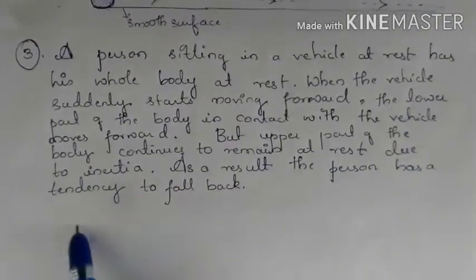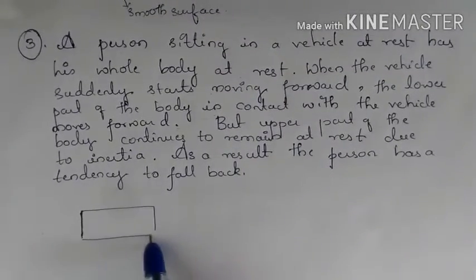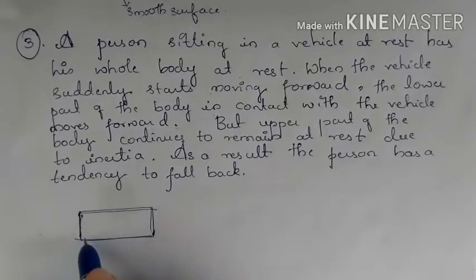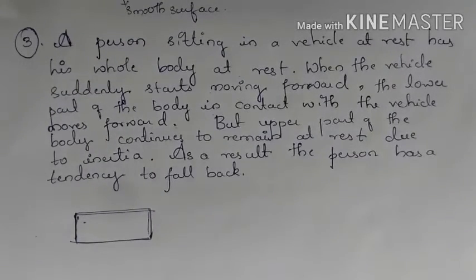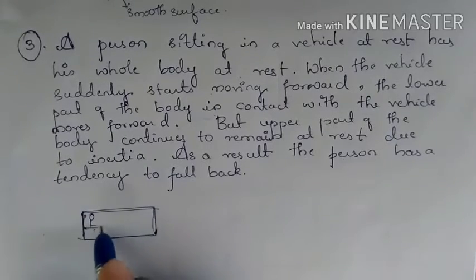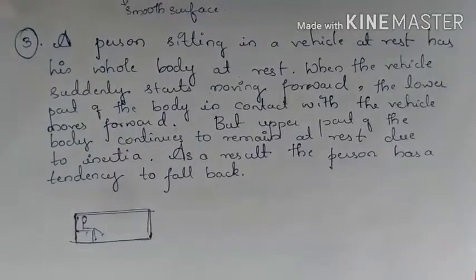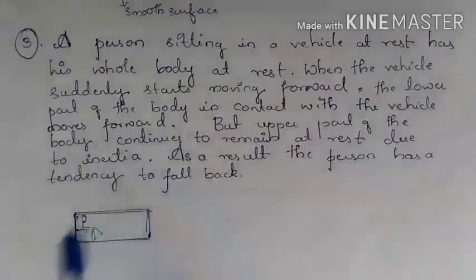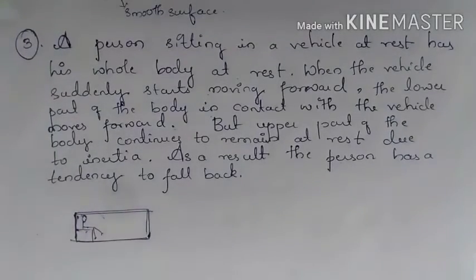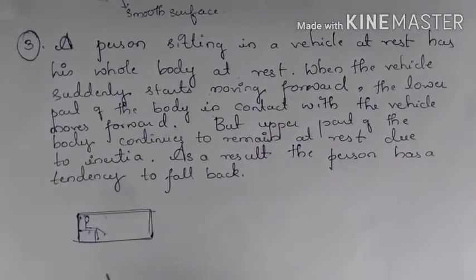So imagine this is a vehicle, and there is a person who is sitting inside this vehicle. Let me draw. The person is sitting in the vehicle and is at rest with respect to the vehicle. Since this vehicle is at rest, this person also will be at rest.